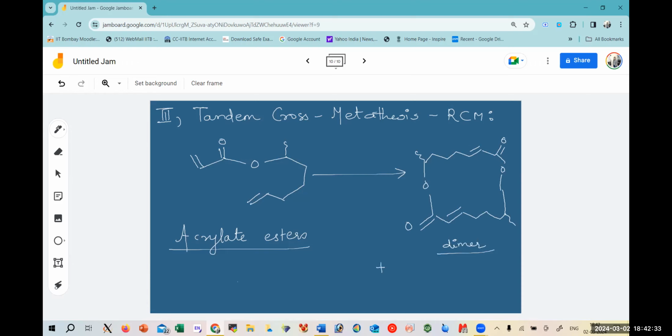Plus, it could be forming your trimer also. 3 units combining to give this. So this is your trimer. So tandem reactions would end up having a dimer and trimer product.